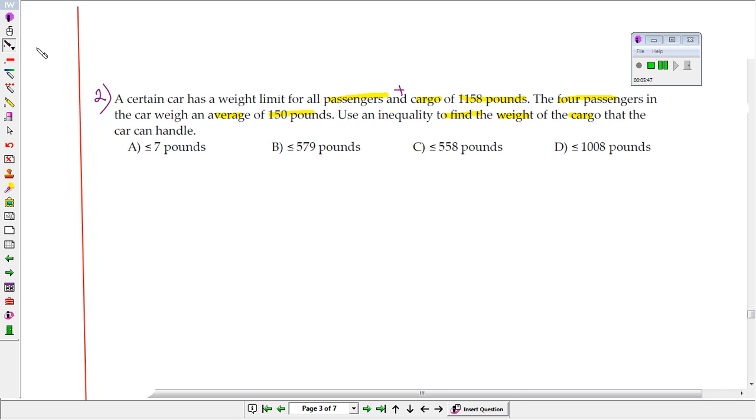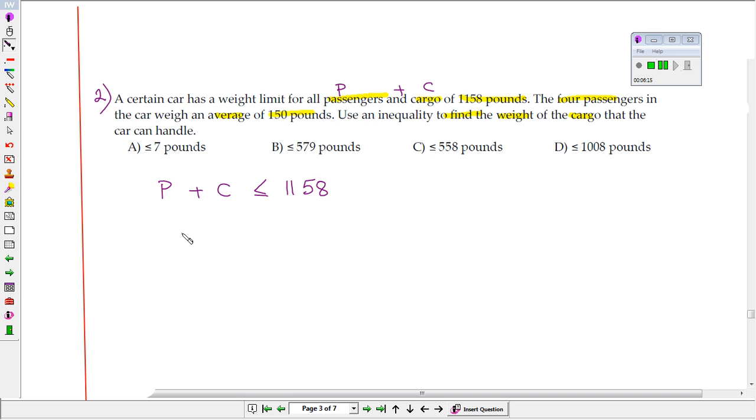I'm going to translate this statement using P for passenger and C for cargo. So P plus C is less than or equal to 1,158 pounds.